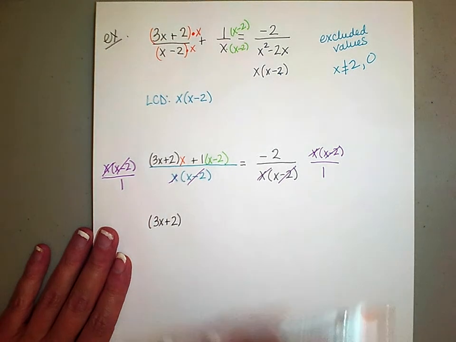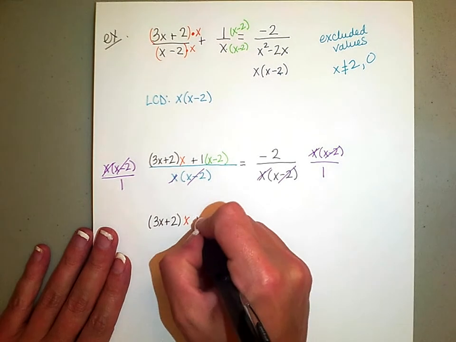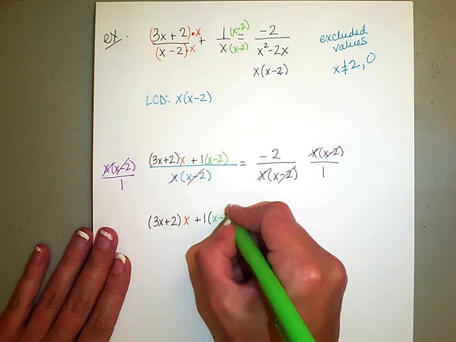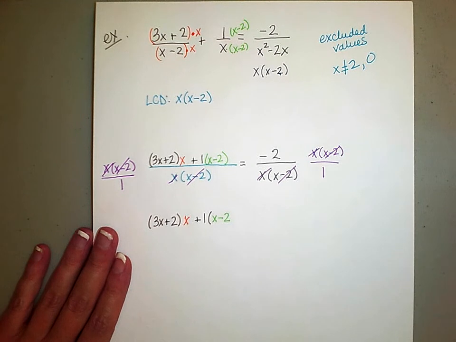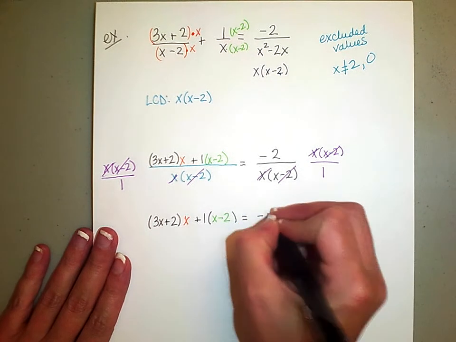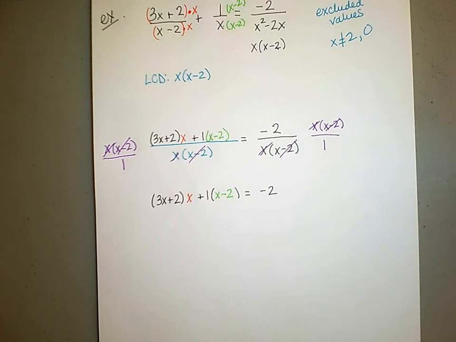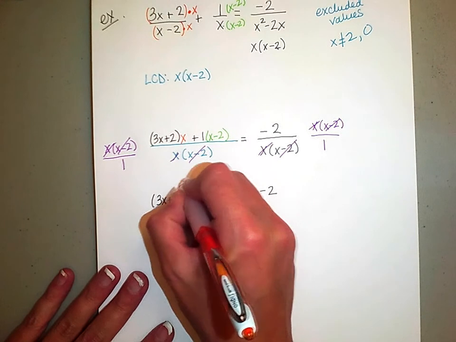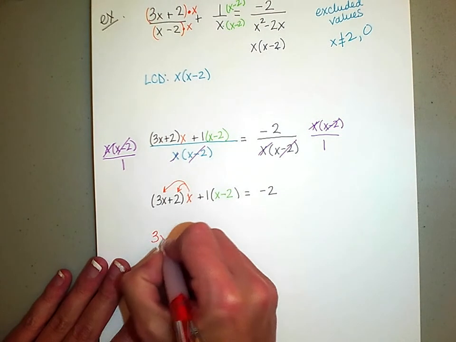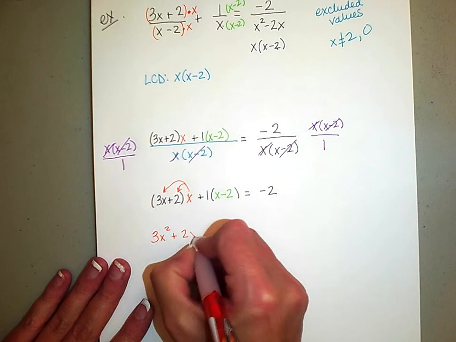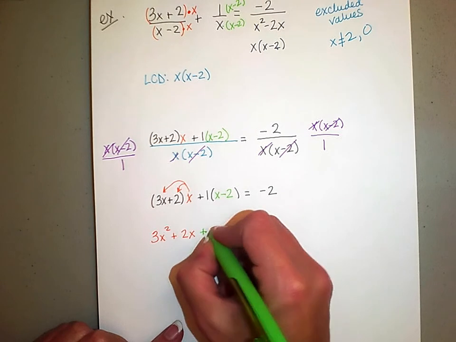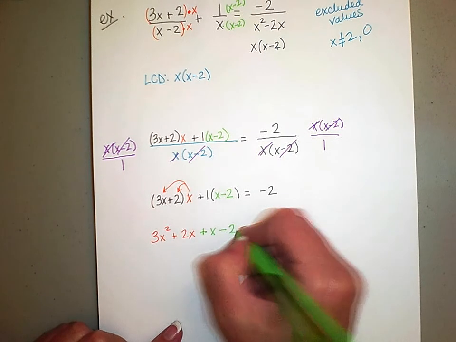So we just have the numerators left, which is equal to negative 2. Alright. Now we can distribute, we're just distributing from the other side, so that's okay. We'll get 3x squared plus 2x. And 1 times anything is just itself. We don't even have to change the sign. If this was a subtraction, we would.